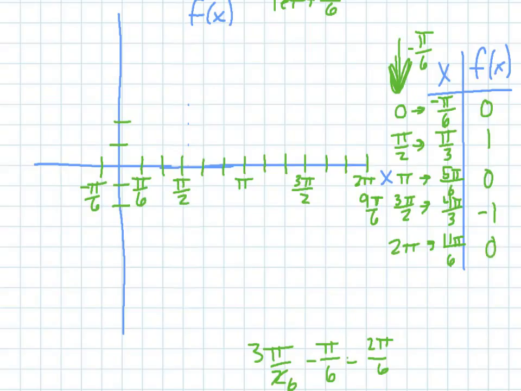So hopefully you see that doing the little calculations here gives us values that actually help us out a little bit better for our picture. Now certainly you could just plug in 0, pi over 2, pi, 3 pi over 2, and 2 pi if you have your calculator to graph these.